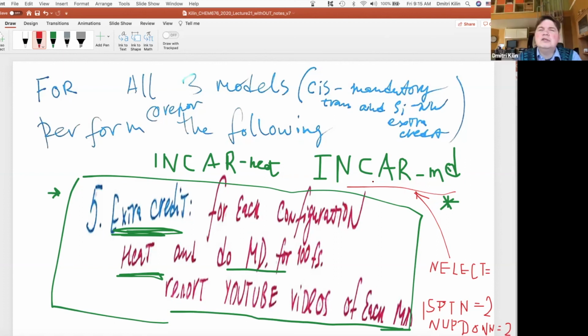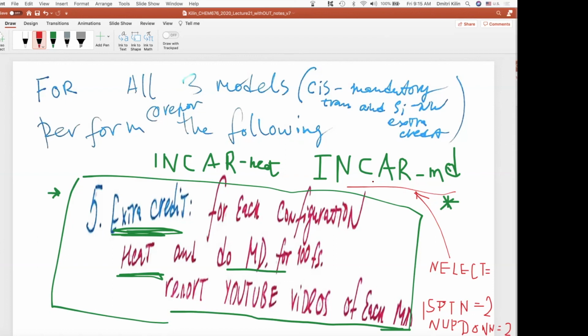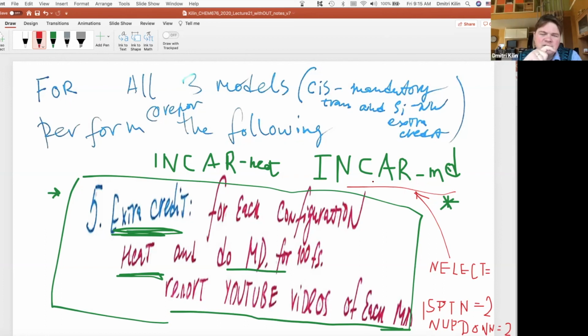You need to copy the portion of that INCAR that contains modifications. So not the whole INCAR, but only the portion that changes the electronic configuration, and add it into the template for the molecular dynamics INCAR.